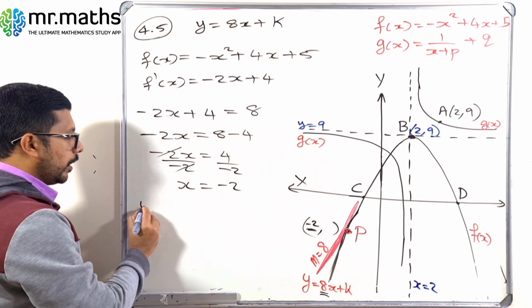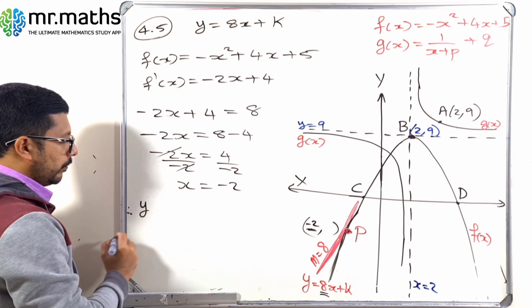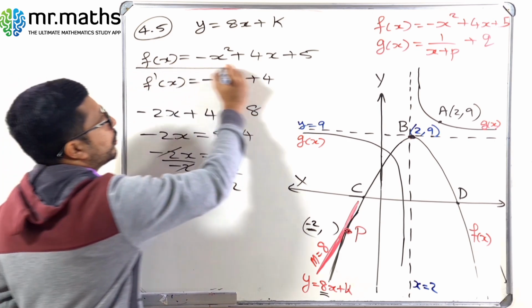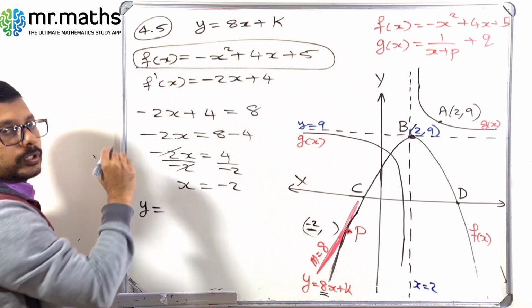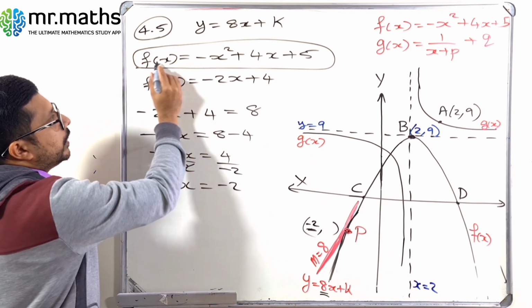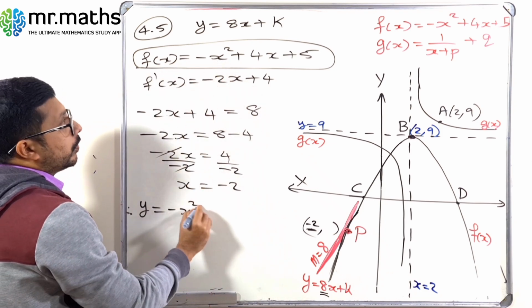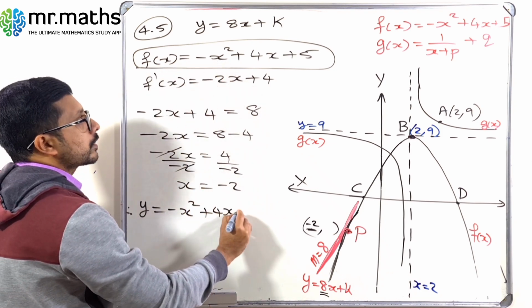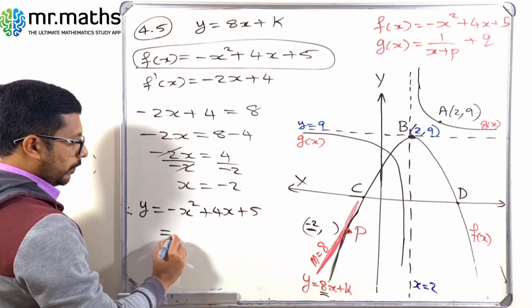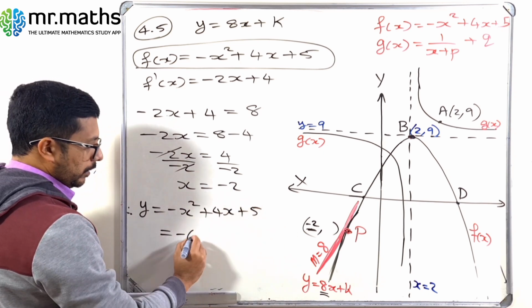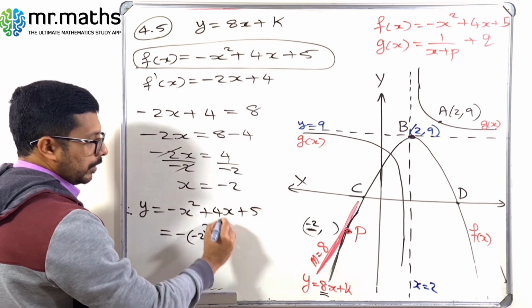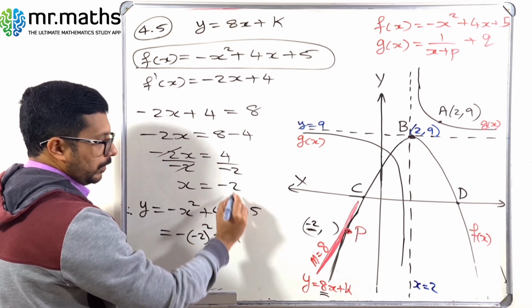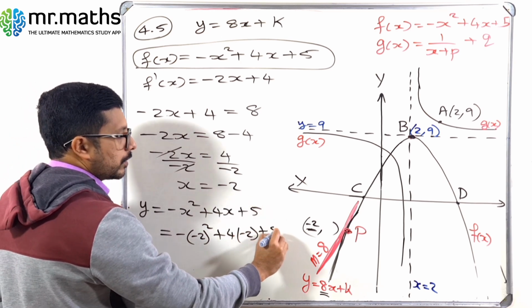How can I find the y value? Substitute back in this equation, because that is a point on that parabola. y is equal to minus x squared plus 4x plus 5. Just substitute the values. Minus, what is x? Minus 2 squared, plus 4 into minus 2, plus 5.